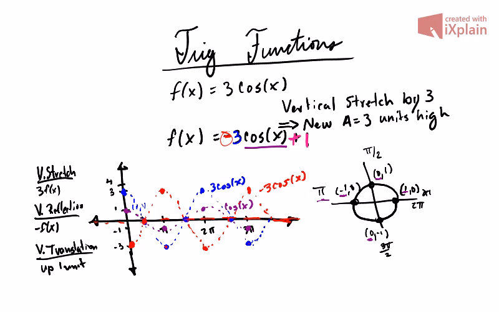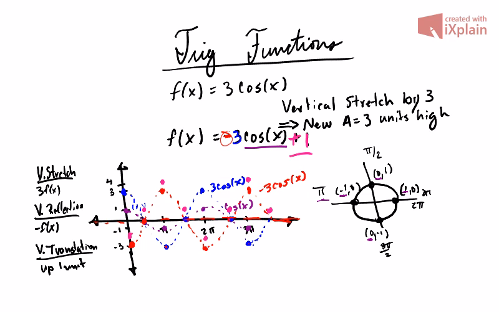Now, I'm going to move everything up 1 unit. So I'm going to move this to 4, 0 plus 1, negative 3 plus 1, 0 plus 1, negative 3 plus 1, 0 plus 1, 3 plus 1, 0 plus 1.